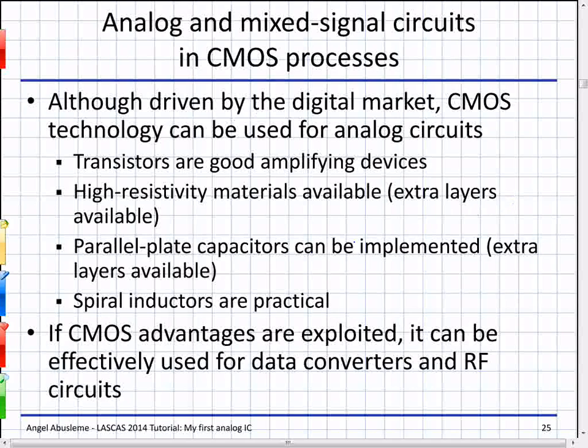We can make parallel plate capacitors. So we have components. We can make spiral inductors. So it is possible to have RF circuits in a single chip. So if we exploit the CMOS advantages correctly, we can make circuits that are really, really complex. We can have entire systems on a chip.